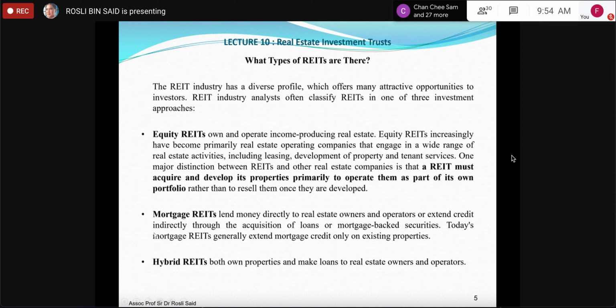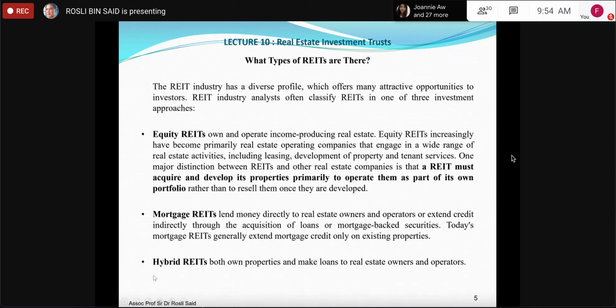But in Malaysia, we purchase the property and then we rent the units to the market, and the income that we receive from the tenants will be given to shareholders, about 90% of the income.